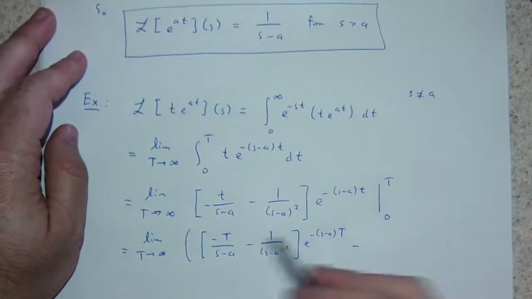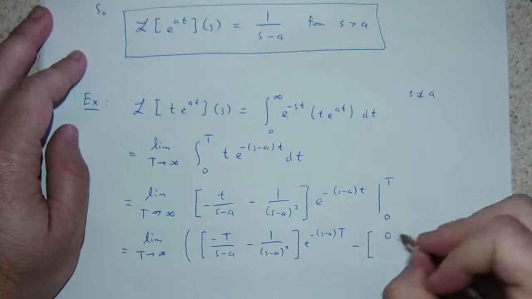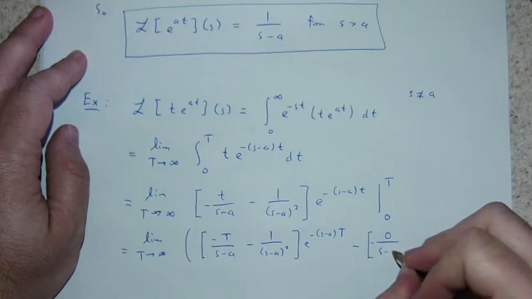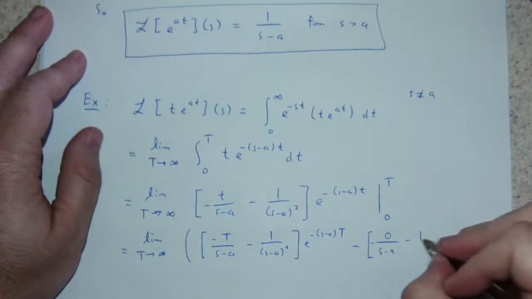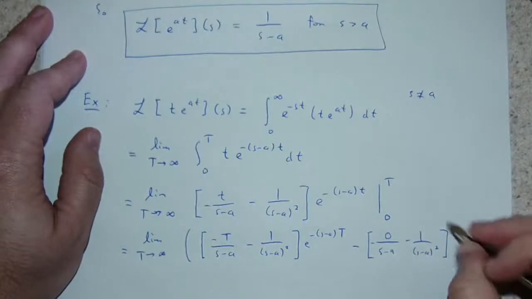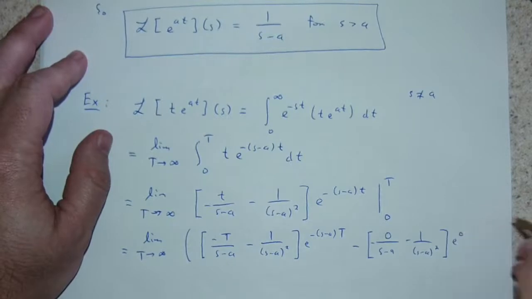Minus this whole thing with 0 plugged in. So this would be minus 0 over s minus a minus 1 over s minus a squared times e to the 0. I'm just going to write it as e to the 0 like this.